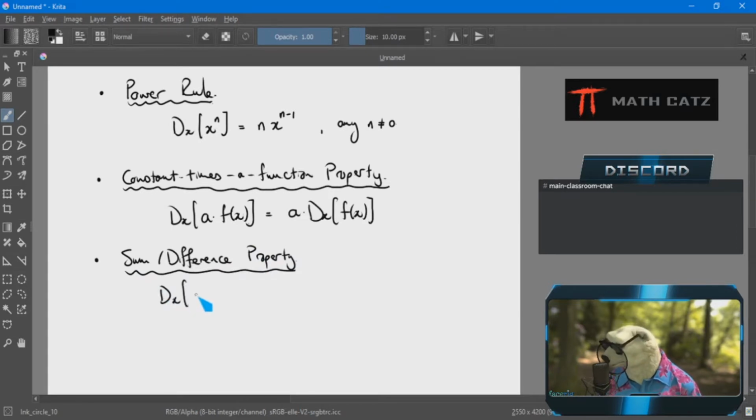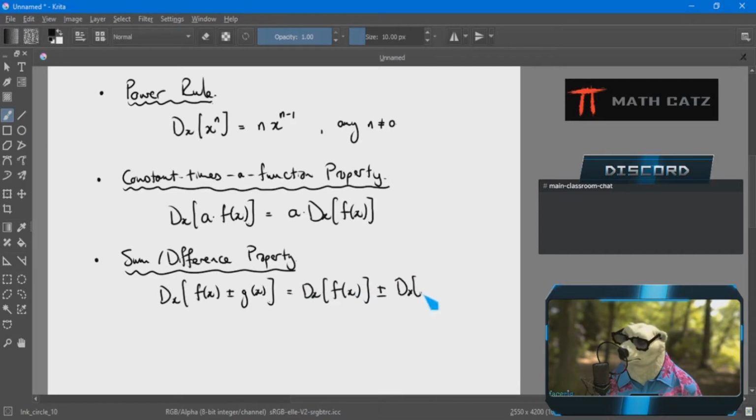Technically, it's two properties, saying that if I have, let's say here, f plus or minus g, so my whole function is made up of different terms added or subtracted together, then I can look at each term separately and then add or subtract them, whichever one was done originally. I can put them together in the same way.